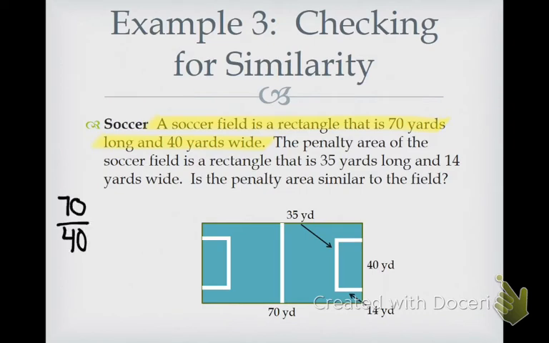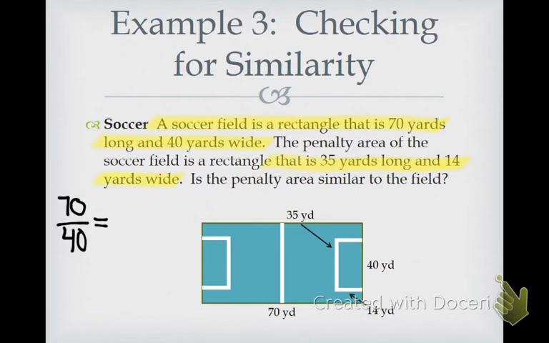Now pay very close attention. Is this length over width or width over length? Is 70 the length or the width? I did length over width, so in my second ratio I must still do length over width. Just because the order here is length over width again doesn't mean it's always going to be that way.